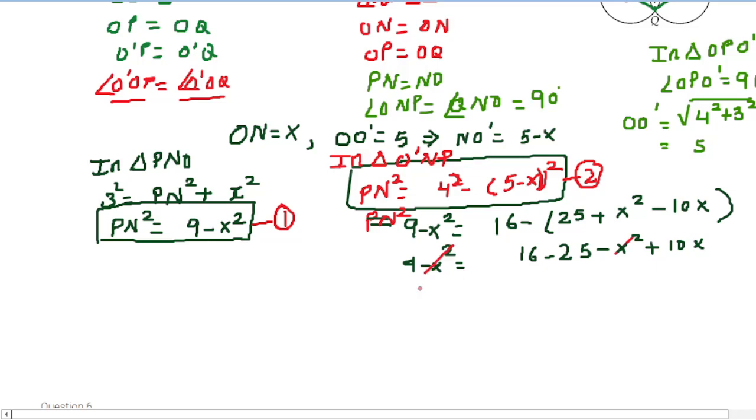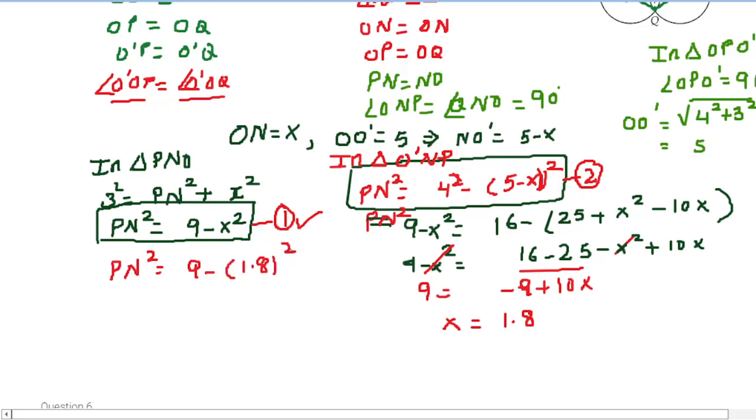We will get 9 is equal to 16 minus 25, that is negative 9, plus 10x, and by simplifying it we will get x equal to 1.8. Now we will put this value of x in equation 1. So we will get PN square is equal to 9 minus square of 1.8. We have to simplify it and we'll get the value of PN.